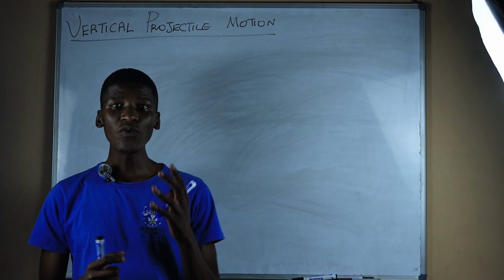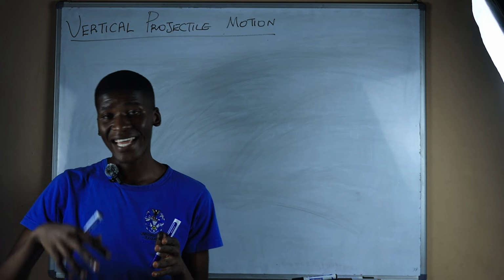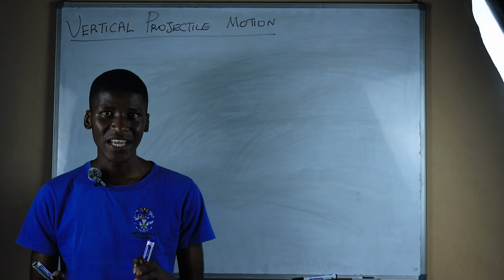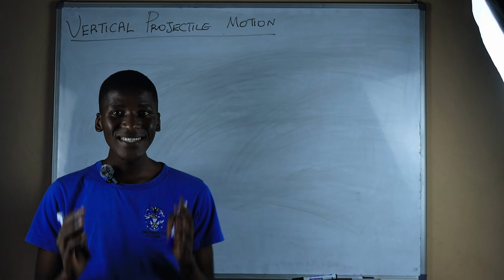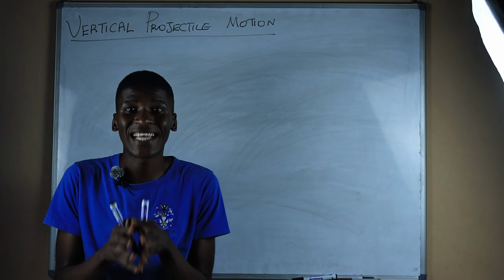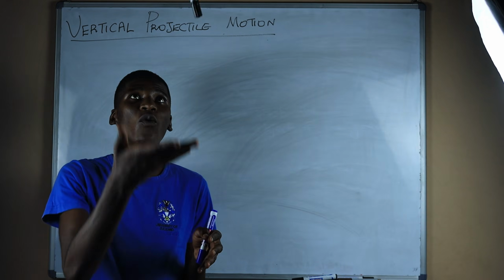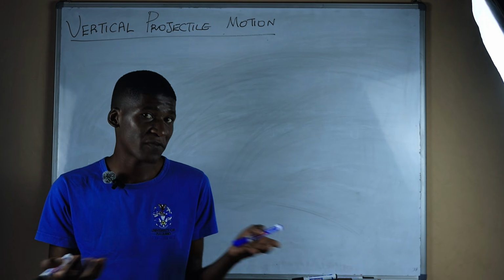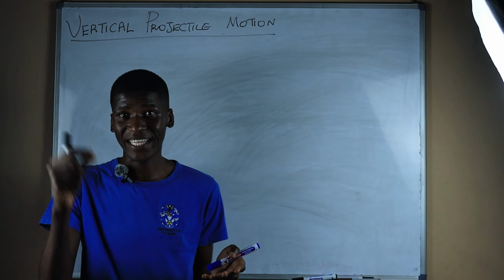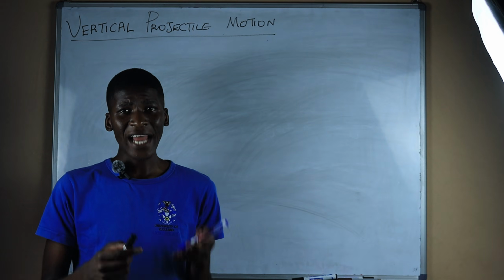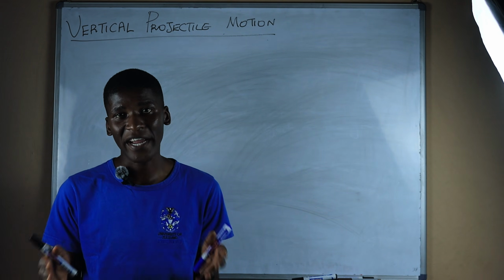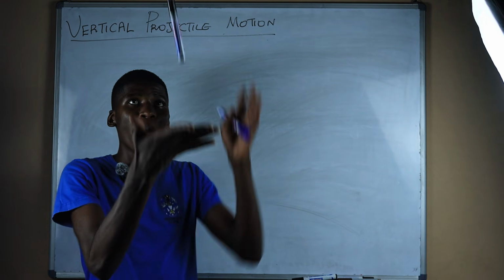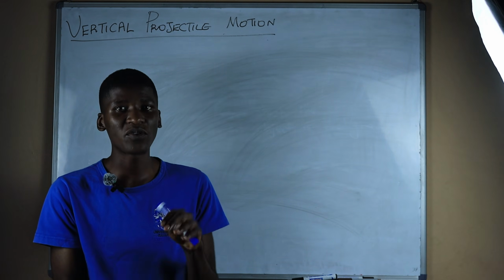In grade 11, you were introduced to the force that the earth exerts on an object, which is known as the gravitational force or the weight of an object. According to what Newton discovered, when objects go up, they come back to the surface of the earth. This is because there is a gravitational force. So now we want to study the motion of such objects, whereby the gravitational force is pushing the object back down to my hand.